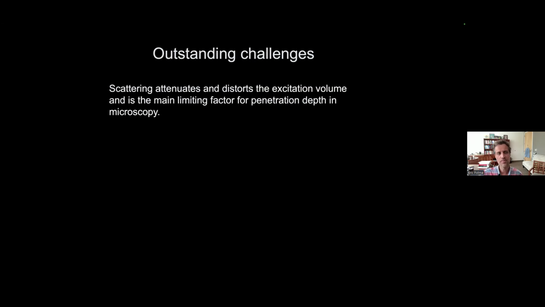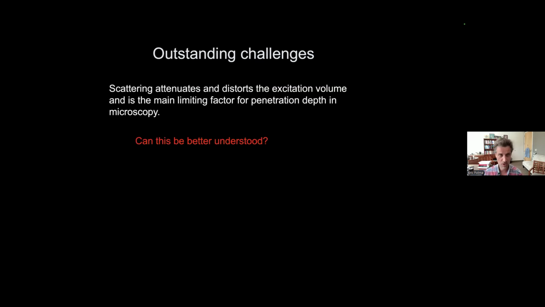All right, I'm going to wrap up here. Some outstanding challenges. As I hammered on a few times, scattering is the main enemy of focus-based microscopy, especially in tissues. It attenuates and distorts, and those are not good things. In principle, it comes down to this: anything beyond a few hundred microns in most tissue types is out of reach, and it's a real limitation.